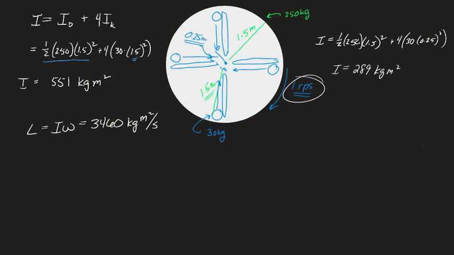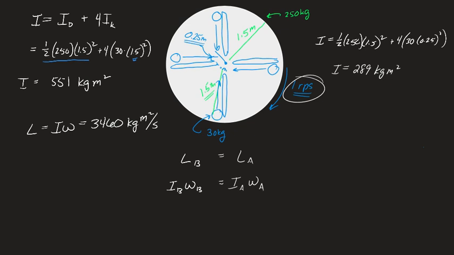Now, here's what I hope is the obvious. If there is no external torque, the angular momentum before has to be equal to the angular momentum after. This is a conservation of angular momentum problem. I call this a single body problem. What this really means is that the moment of inertia before times the angular speed before has to be equal to the moment of inertia after times the angular speed after.